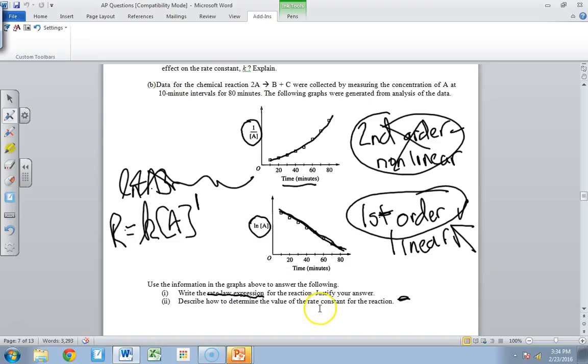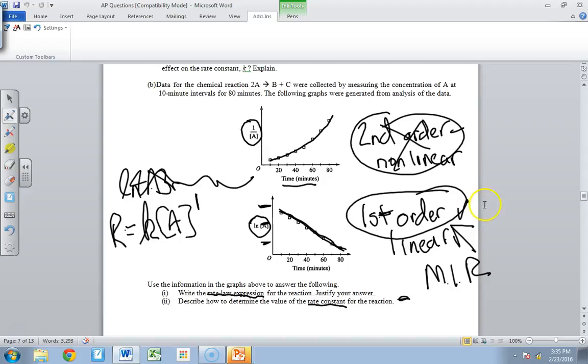How do we calculate the rate constant? Up until this point, we've really only done it by the method of initial rates. Well, we don't have several experiments, and we don't even actually have any data in here, so we can't use the method of initial rates to calculate the rate constant.